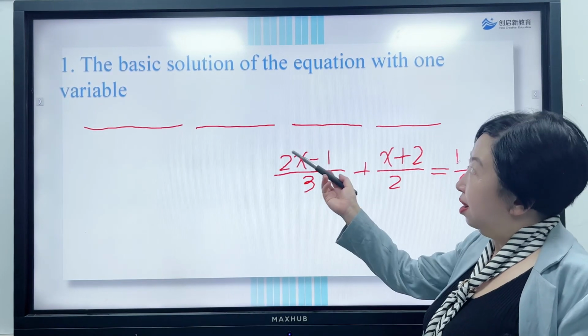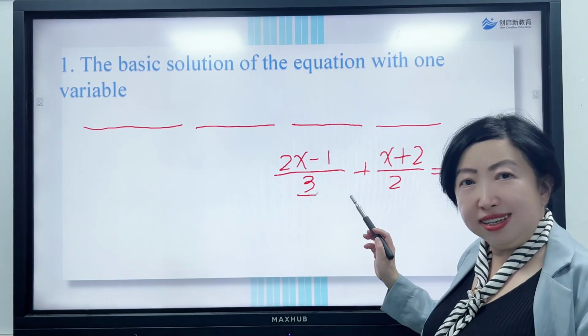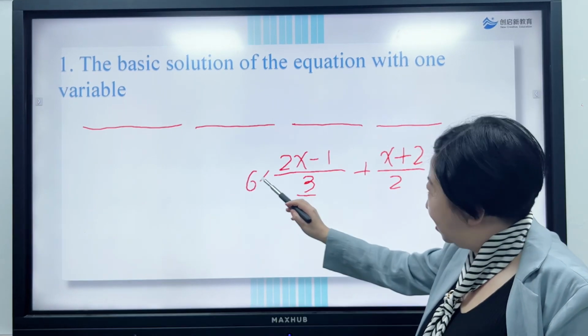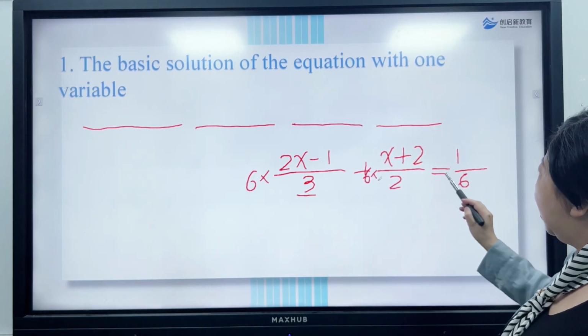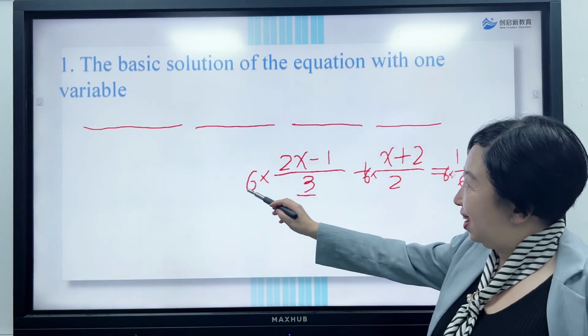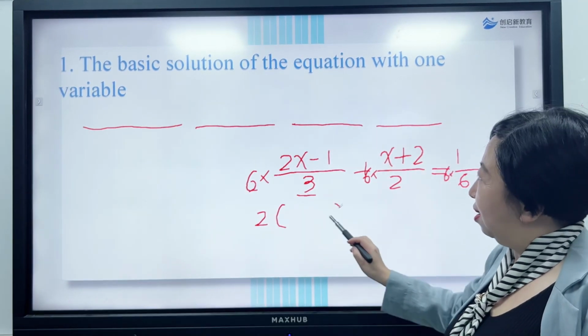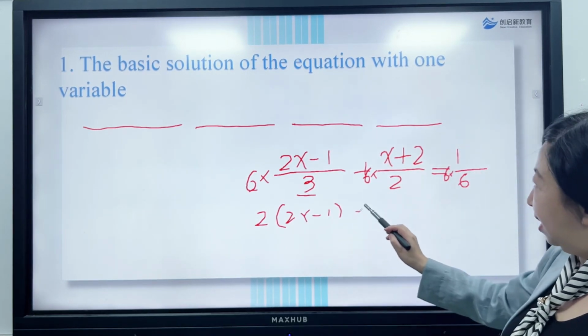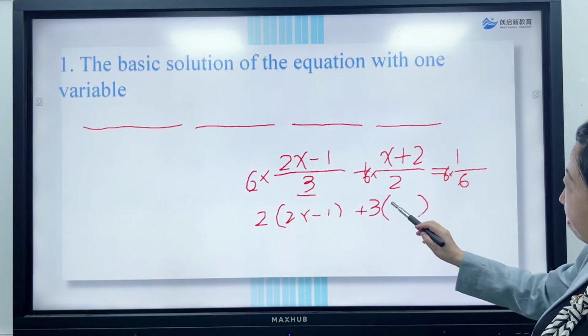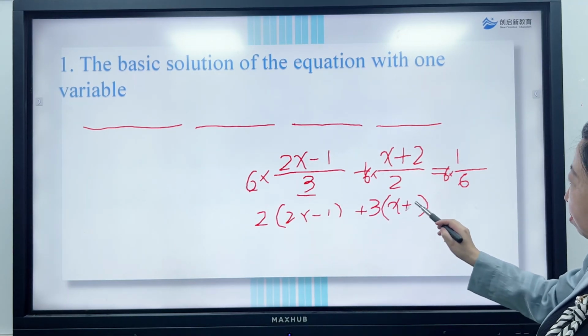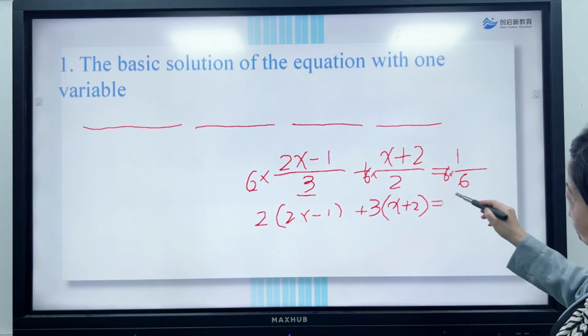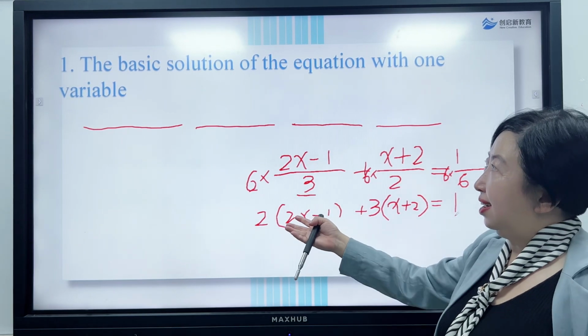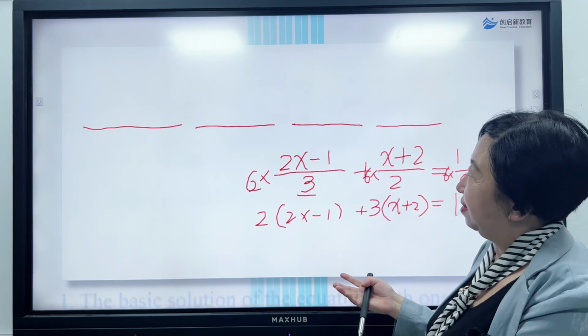How to solve it? Let's multiply by 6 on each term. Here 6, here 6, here 6. Here is 2 times (2x minus 1), here 3 times (x plus 2), and equals 1.